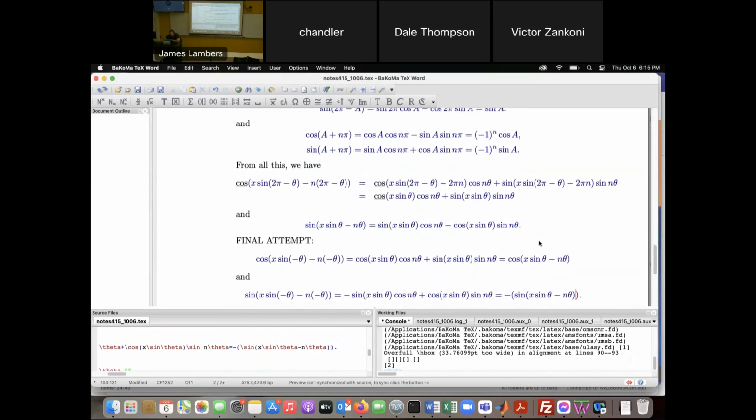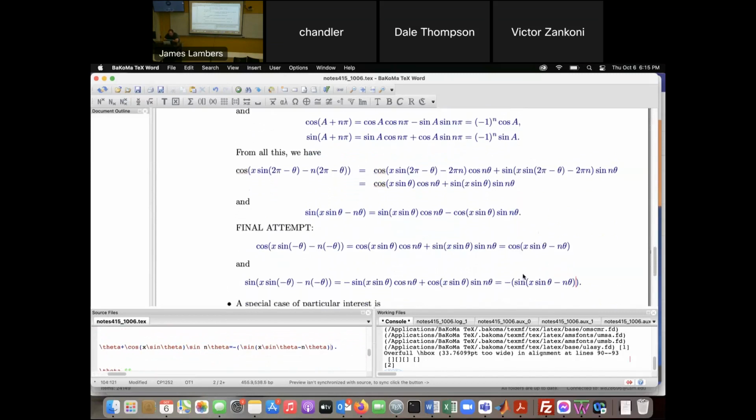Okay, so that's what happened with cosine versus sine. Here, changing theta to minus theta did not affect. Here, it changes the sign, because of the evenness of cosine versus the oddness of sine.